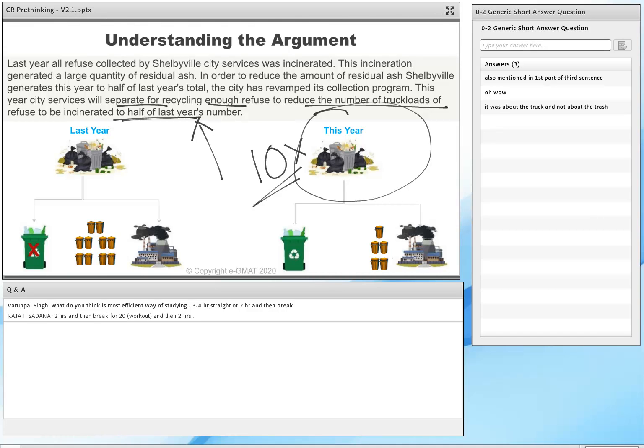That regardless of the amount of refuse, yes, it is about the number of trucks, yes. Not the amount of refuse that you collect. Why? Because you're going to get half as many trucks. And that's important. That's visualization. That's where the key to answering every CR question is in the argument, not in the answer choices.